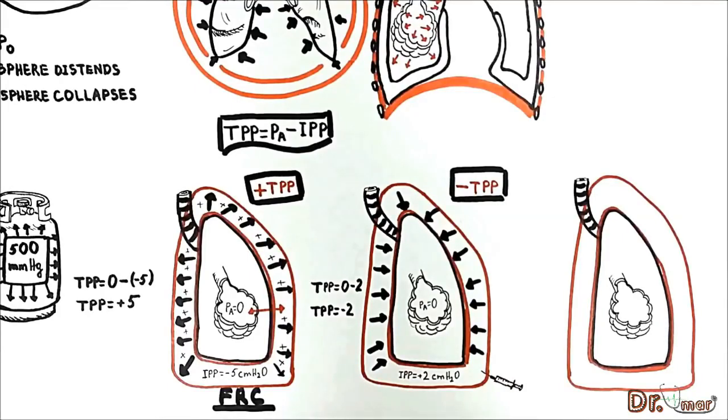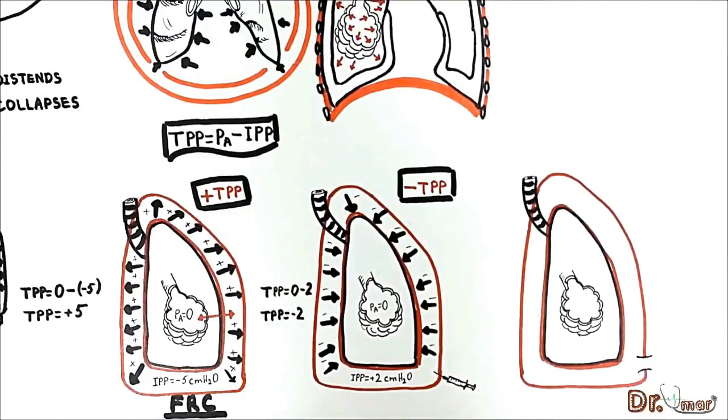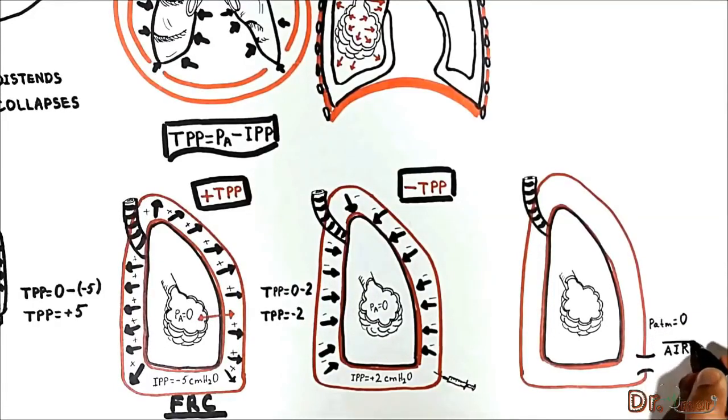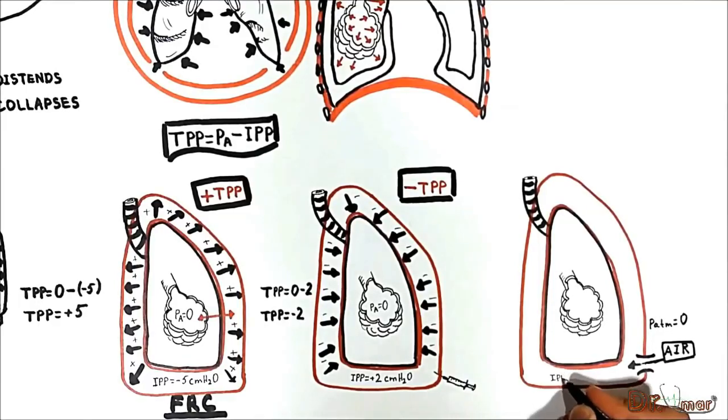In a third lung, suppose I make a puncture on the chest wall of the patient and make the pleural cavity in direct communication with atmospheric air. Because the pleural pressure is negative and outside is considered to be 0, the air rushes into the pleural space until the intrapleural pressure equalizes with atmospheric pressure and also becomes 0.